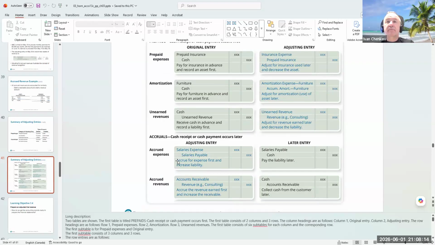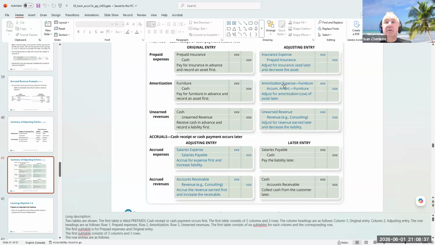For the accruals, showing the expense and payable, which later will be paid, or recognizing the revenue and showing a receivable, which later will be received. And the last one is amortization.